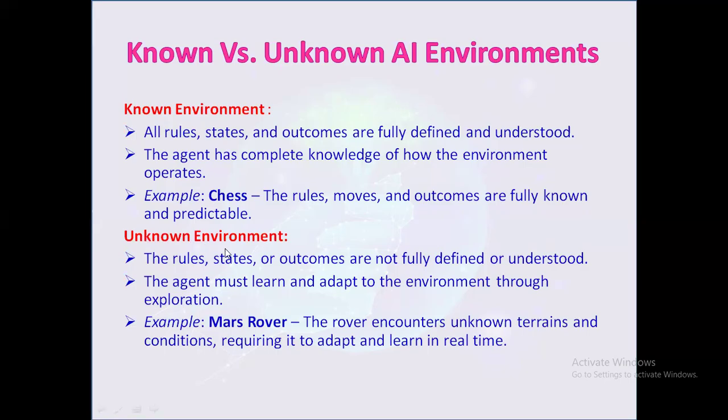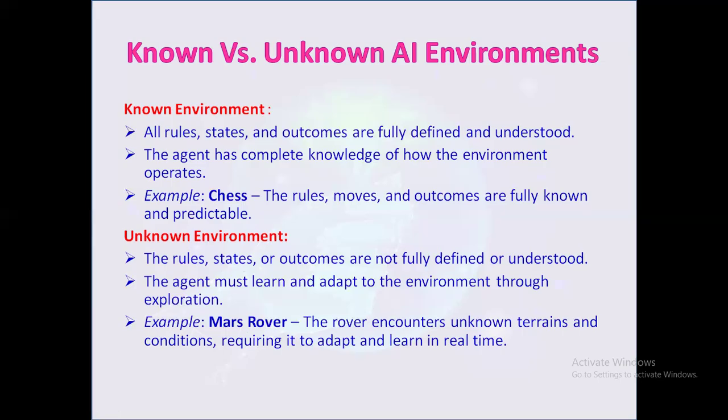Next, unknown environment. In an unknown environment, the rules, states, or outcomes are not fully defined or understood, requiring the agent to explore and learn as it interacts with the environment. The agent must adapt to new, unforeseen conditions and make decisions based on limited, evolving information. Example, the Mars rover that we have sent to Mars.